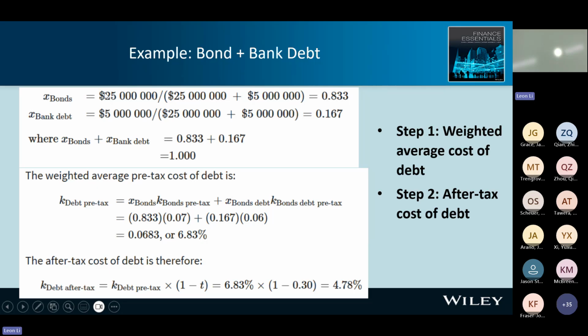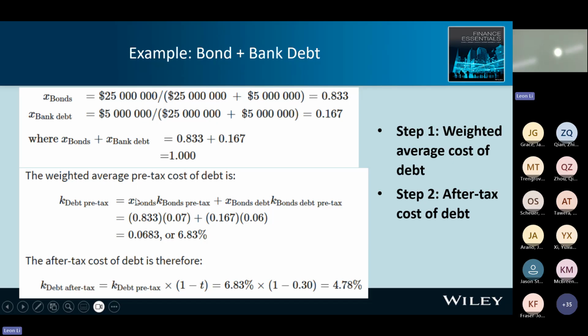We have the weight on the corporate bond and the weight on bank debt. All right, this is the number. Okay, again, the sum of the weights equals 1. Right. Then we calculate the weighted average cost of debt. This is the pre-tax cost of debt.